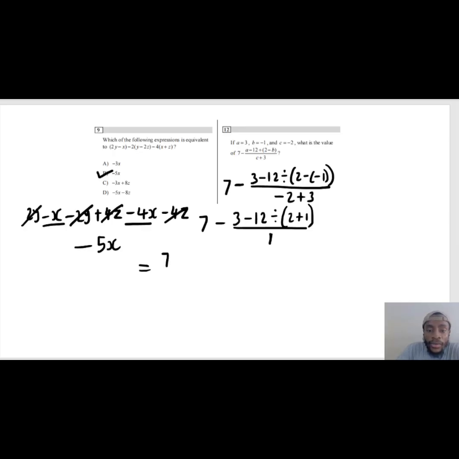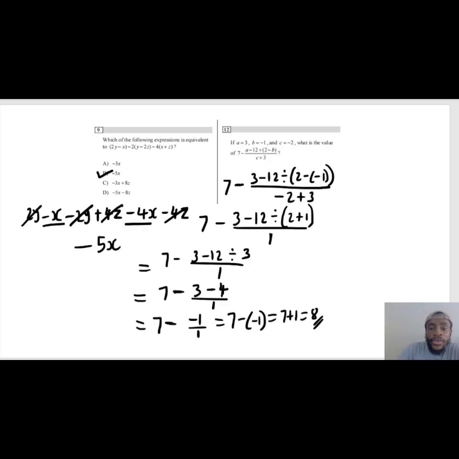This is equal to 7 minus 3 minus 12 divided by 3. 2 plus 1 is what? 3 over 1. That will give us 7 minus 3. 12 divided by 3 is what? 4 over 1. So this is 7 minus 1 over 1, which will give us 7 minus bracket minus 1. Answer is what? 7 plus 1, and that's 8. So the answer to this question is equal to what? 8.